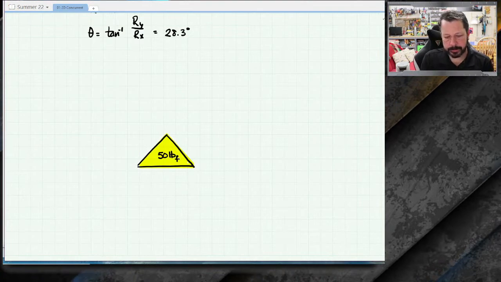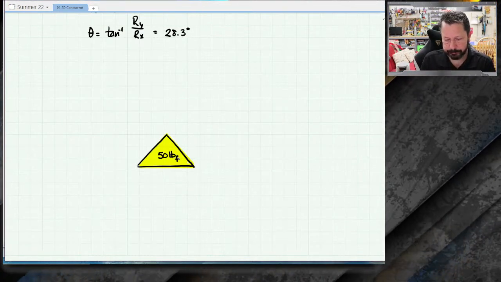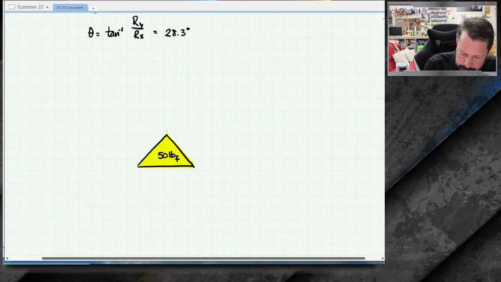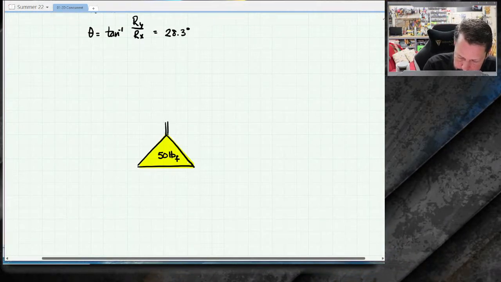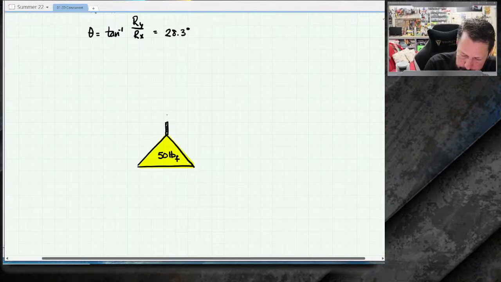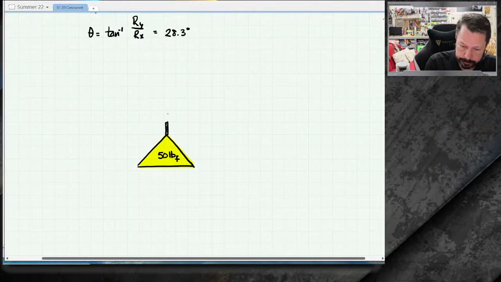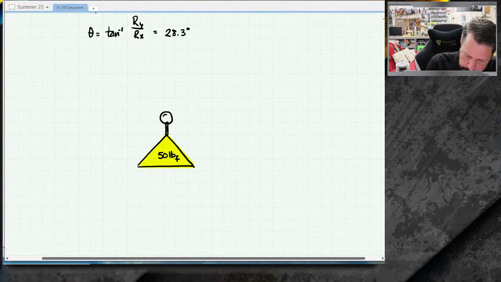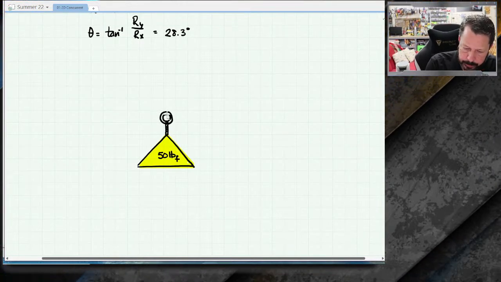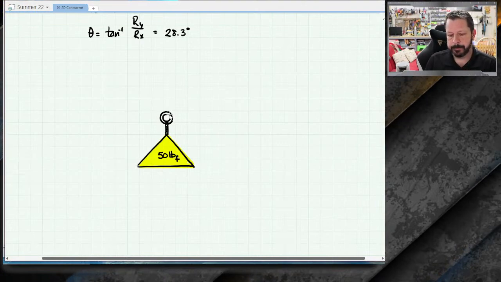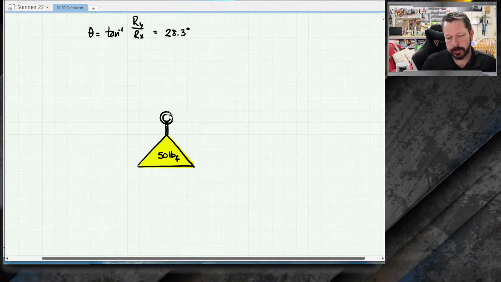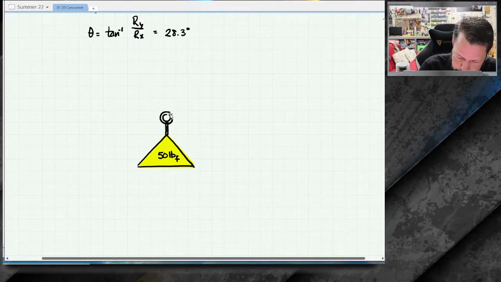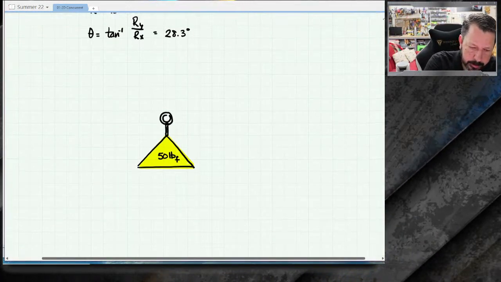All right, so anyway, I've got this 50-pound yellow triangle, and it is attached by a little rope to a ring. There's this little metal ring, and the ring is supported by two ropes.